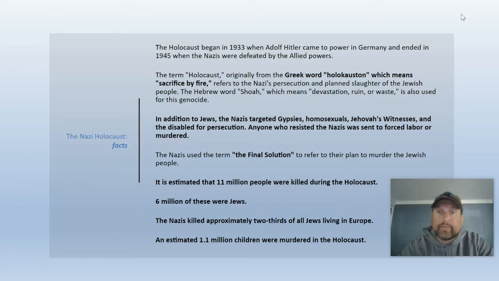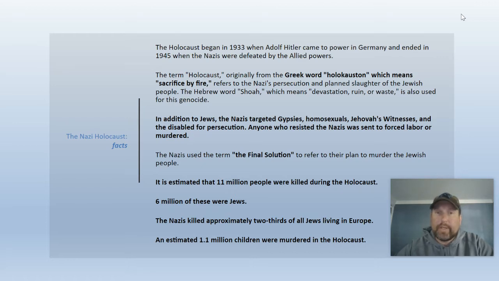The word Holocaust comes from the Greek word holocauston, meaning literally sacrifice by fire. Hitler's Third Reich Nazi regime targeted not only Jews, but gypsies, homosexuals, Jehovah's Witnesses, the disabled, and anyone who resisted the Third Reich.